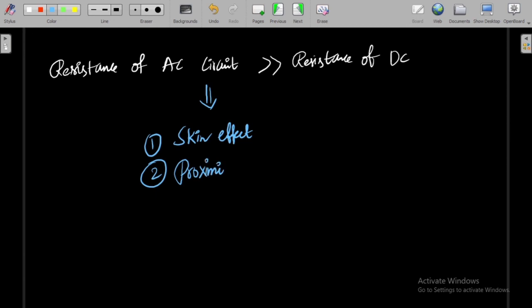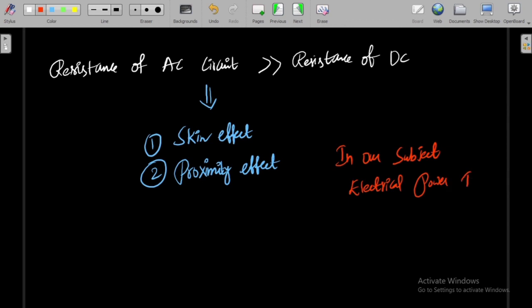So when you are calculating the resistance of a conductor in an AC circuit, why have we discussed the skin effect and proximity effect here? Because in our subject, what is our subject? Electrical power transmission. We mainly concentrate on AC transmission here.